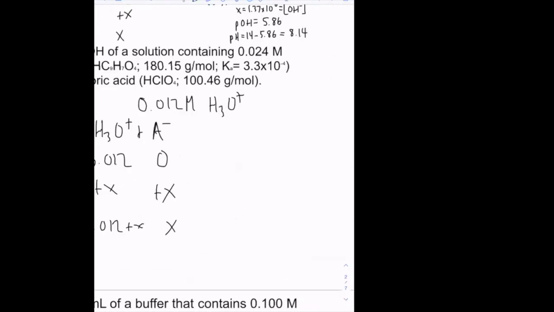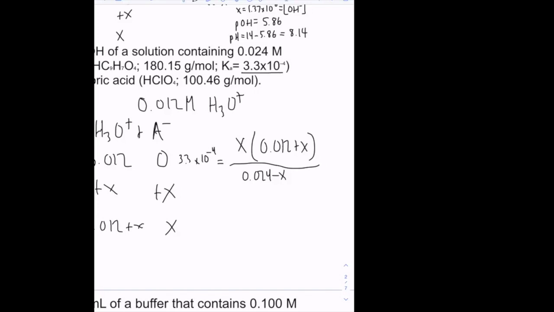And then what we're going to do is make this equal to the Ka in that reaction quotient type deal. So we have X times (0.012 plus X) divided by (0.024 minus X) equal to the Ka here, which is 3.3 times 10 to the minus 4th.